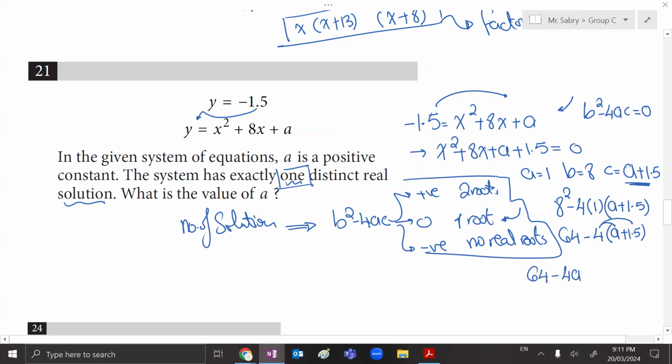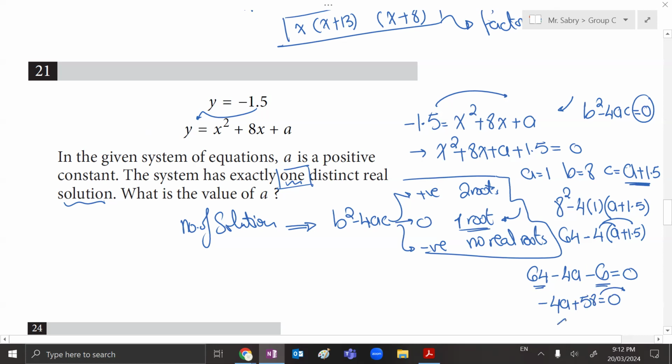Negative 4 times 1.5 is negative 6. All of this is supposed to be equal to 0 because they said it has only one root. Now I can find a. 64 minus 6 would get me 58. So negative 4a plus 58 equals 0.